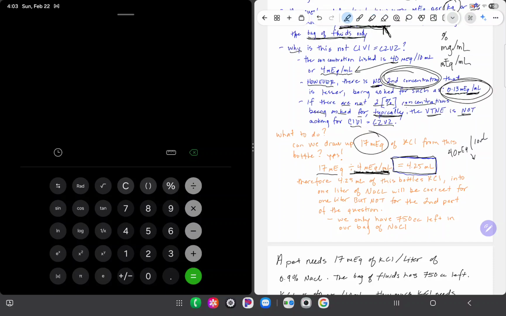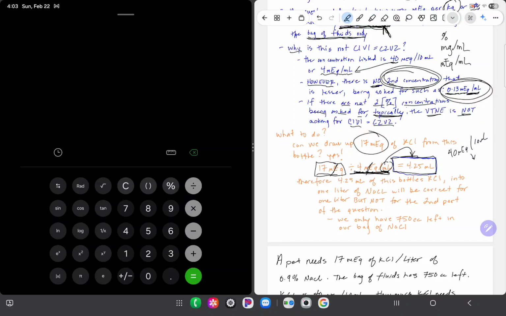Milliequivalent per mil, or mg per mil, or units per mil. Those are all concentrations. So you can take that part of your question divided by this, right? Milliequivalents disappear when you're dividing things, and it leaves you with mils, and you get an answer.